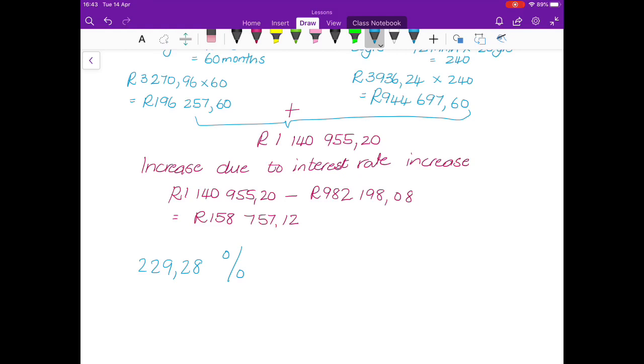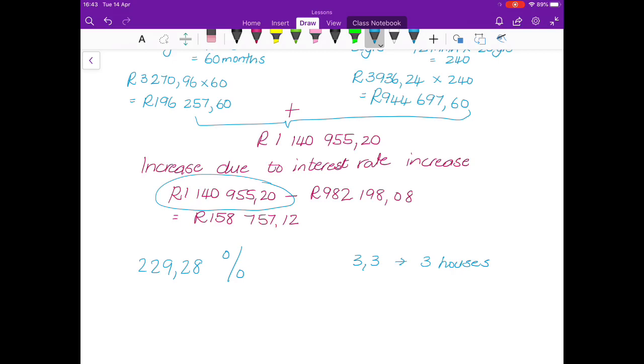If I took 1,140,955 and divided it by the original loan amount of 346,500, I would get an answer of 3.3, which means you can buy that house 3 times, or buy 3 houses for the amount that you pay back.